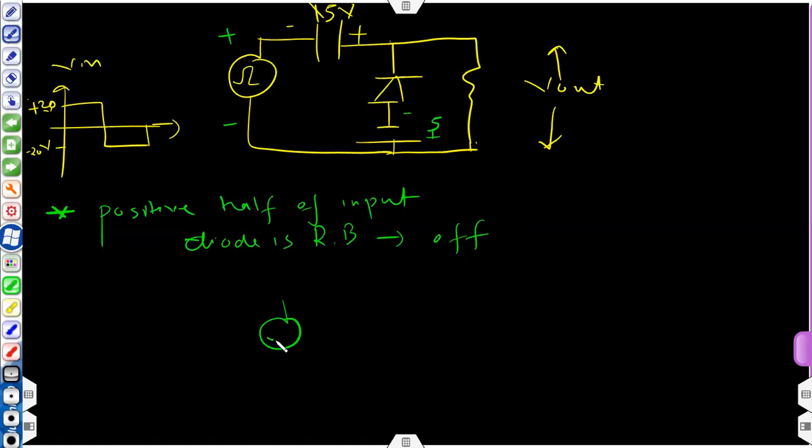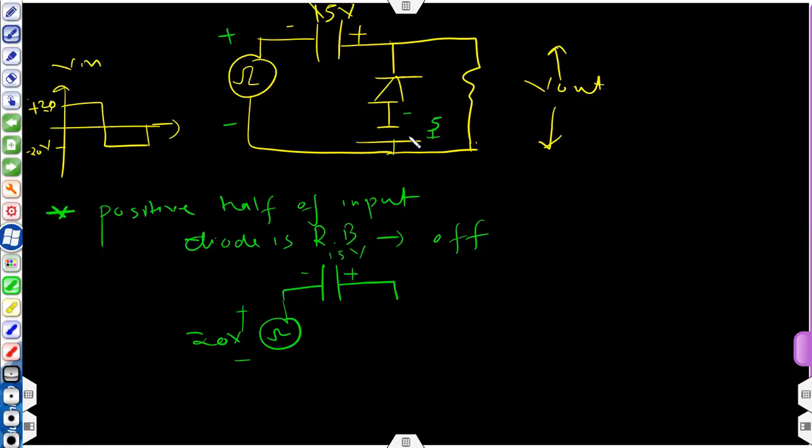So this is the equivalent circuit, 20 volt, because this is a straight line of 20 volt, capacitor with the voltage of 15 volt, and this diode is off, so we can remove the diode, and as a result this 5 volt battery source will also be disconnected from this circuit.